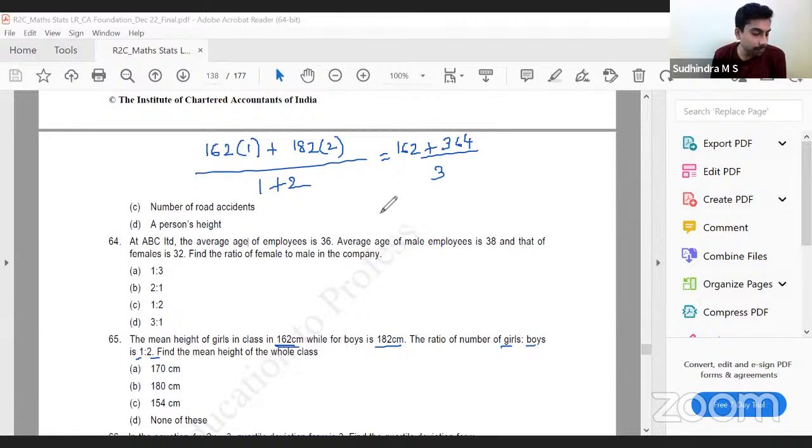If you add up and further simplify this, we get 526 by 3, which is 175.33. So none of these. Done.